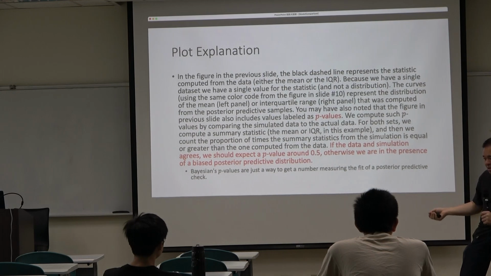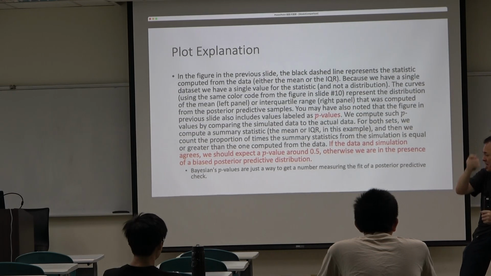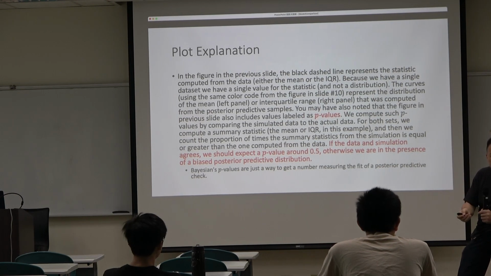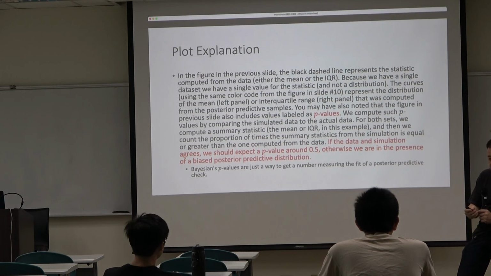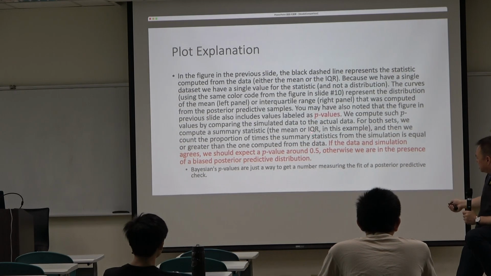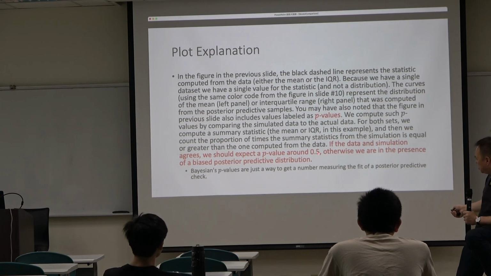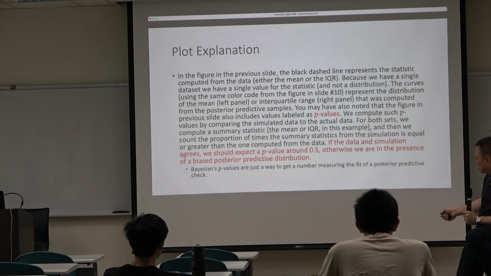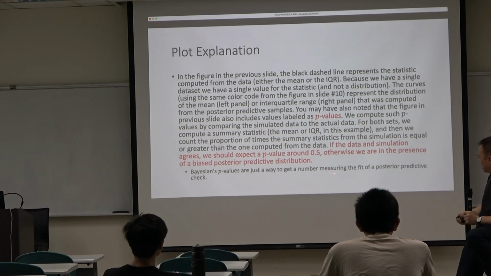In this particular example, that right value is obtained from the true data, either a mean or an interquartile range. If the Bayesian p-value deviates from 0.5, then we are in the presence of a biased posterior predictive distribution.